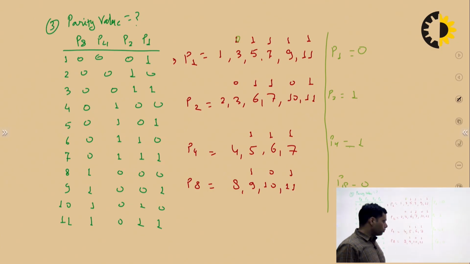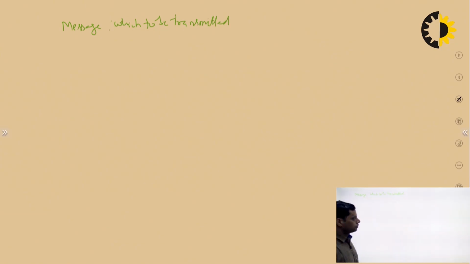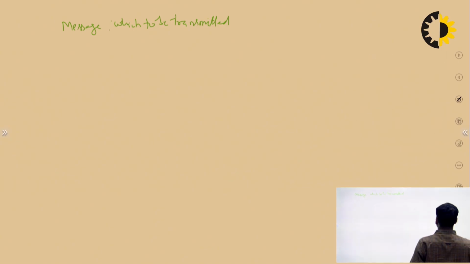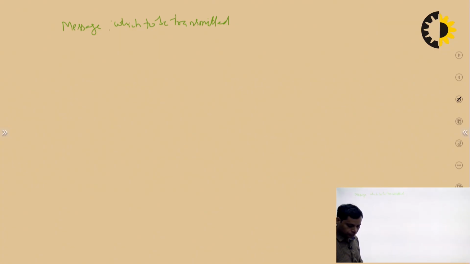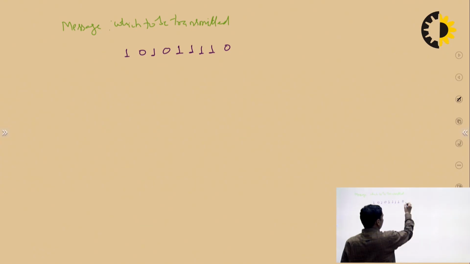So now we have to put these values into the message. The original message which has to be transmitted will become 1 0 1 0 1 0, then 1 1 1 1 0 1 0.